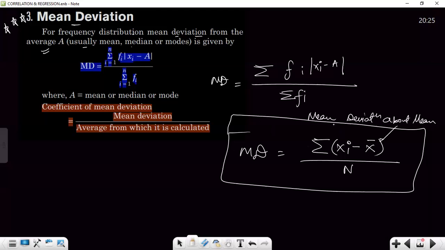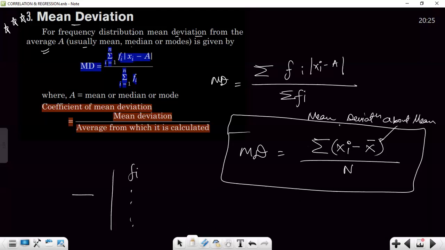If we have certain other quantity to measure with, mean, median, mode, or ungrouped data is given. For frequency data, when we have classes, then frequency is given.